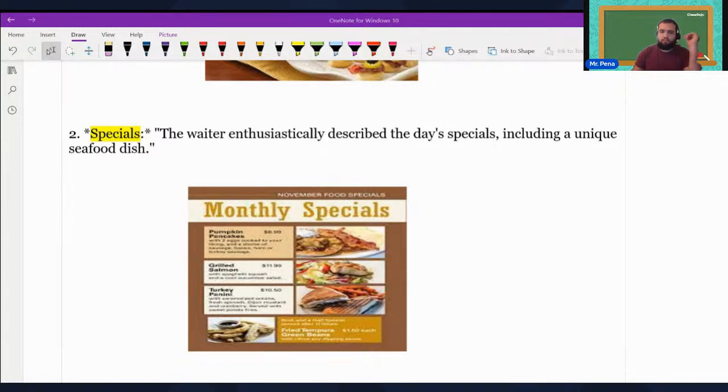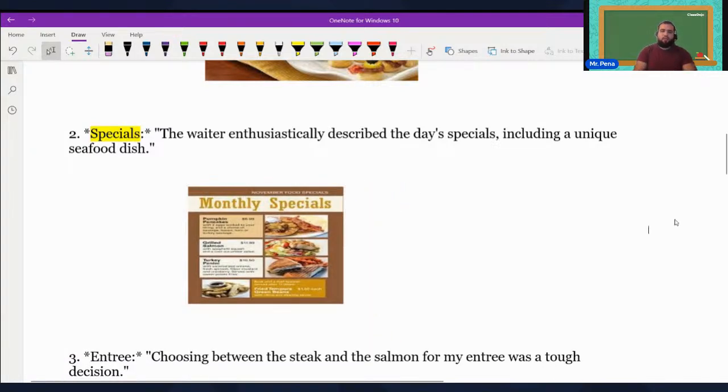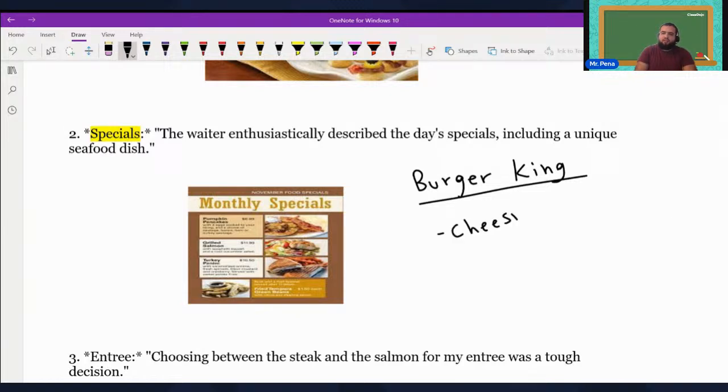Specials. So it says pumpkin pancakes for $8.99. Here's a special. You guys ever went to Burger King? Burger King has a special called Cheesy Tots.